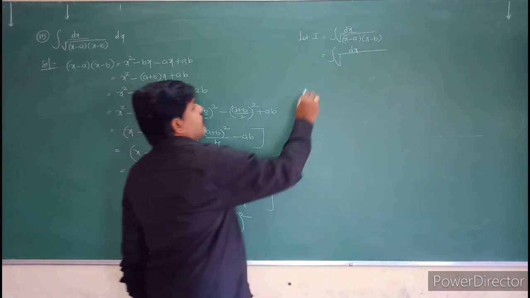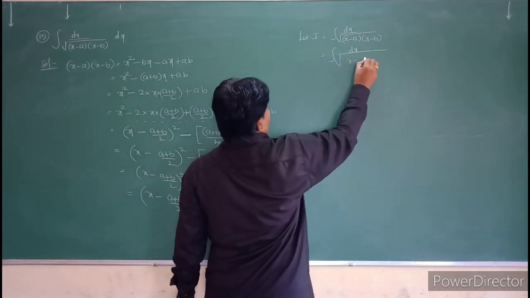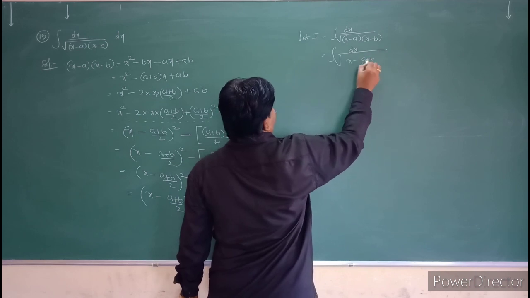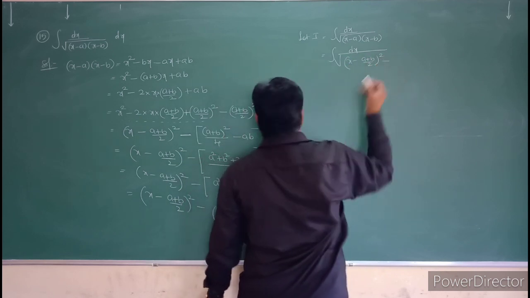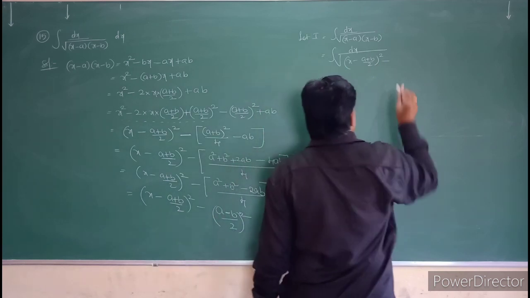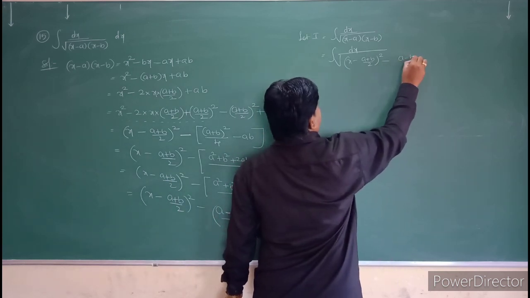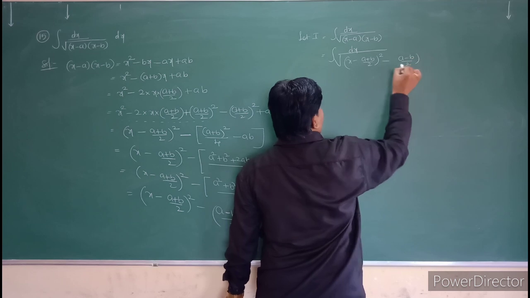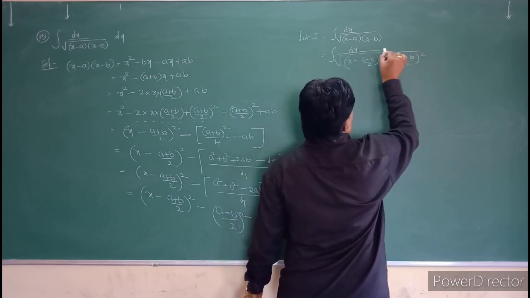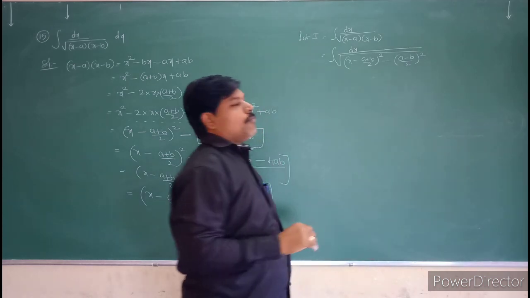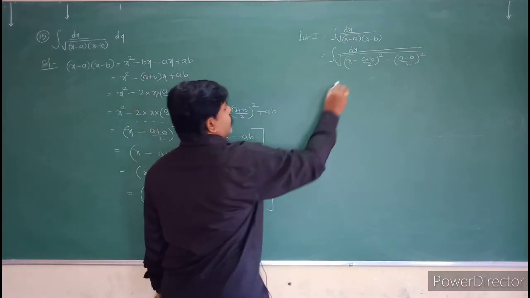x minus (a plus b)/2, whole square, minus ((a minus b)/2) whole square. So in the next step, what do we have to take?